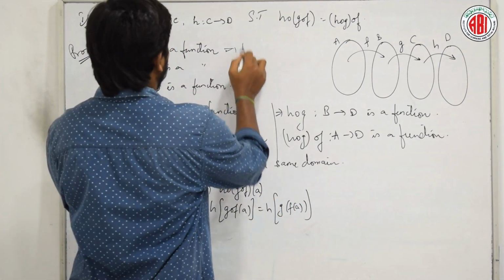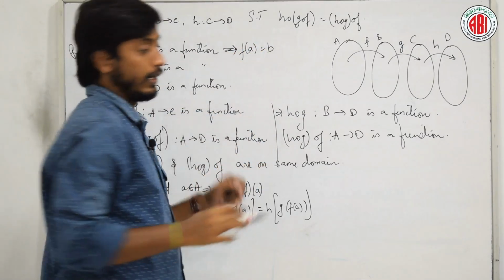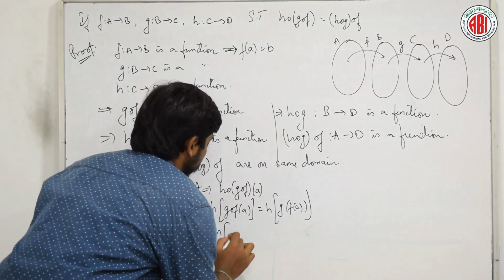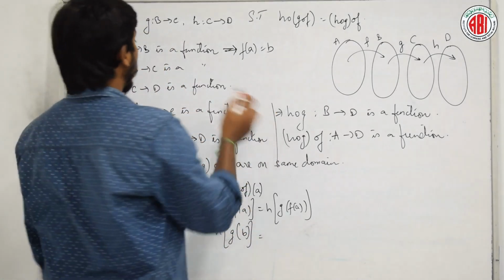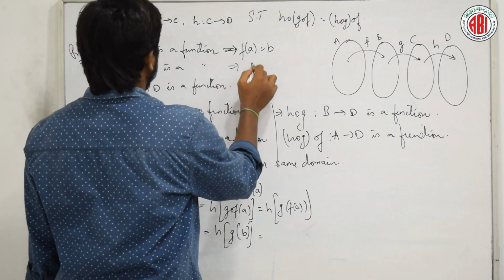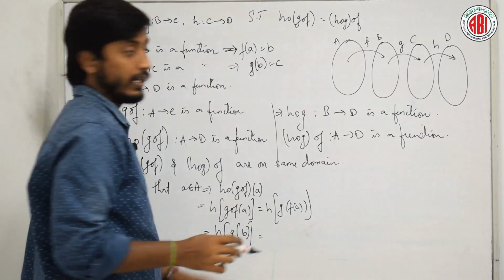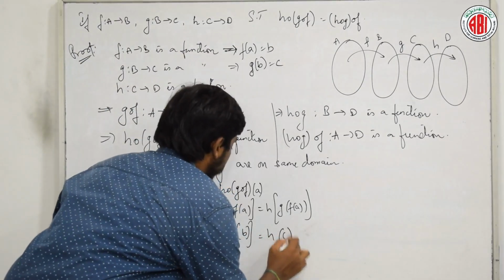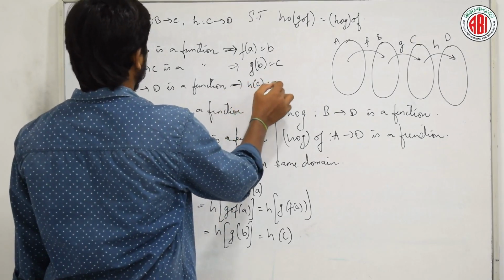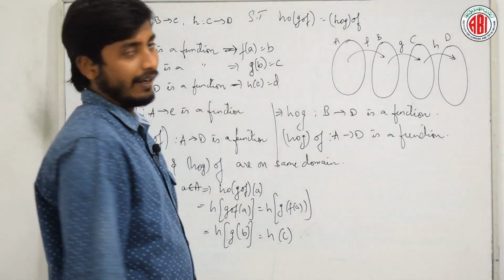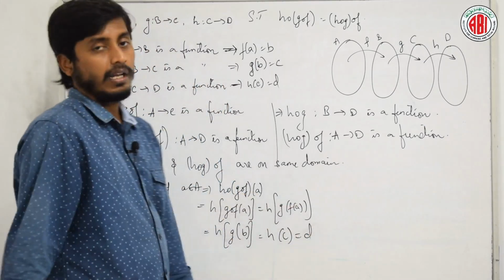F of a is nothing but b. That is h circle g of b. Now what is g of b? It is c. This is nothing but h of c. Now what is h of c? H of c is nothing but d. Clear? Fine. This is nothing but d.